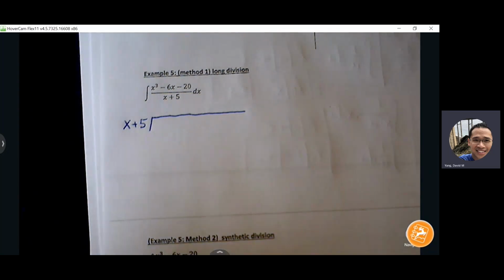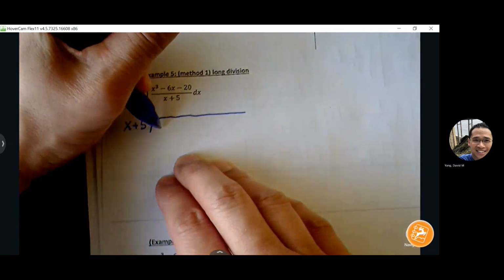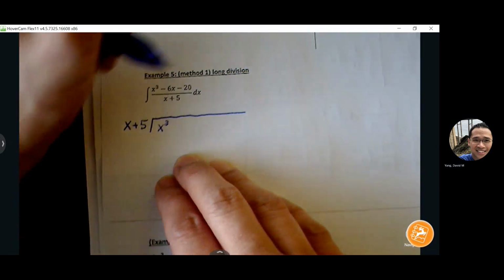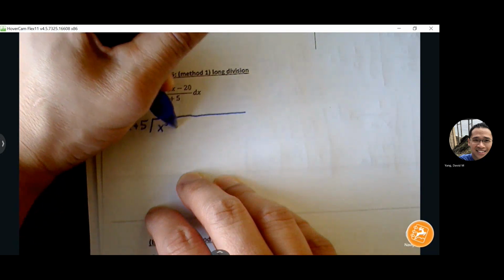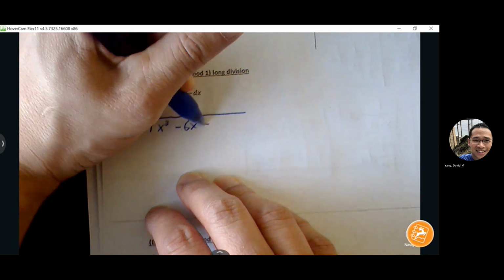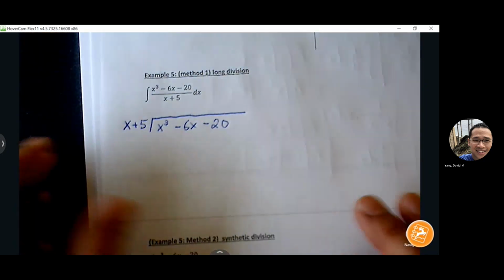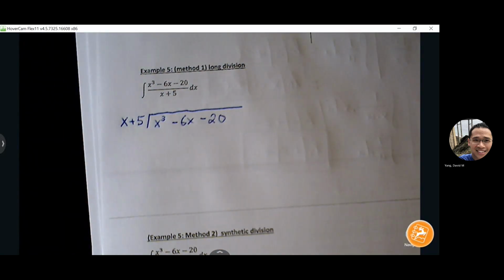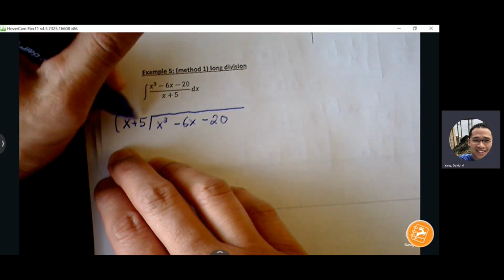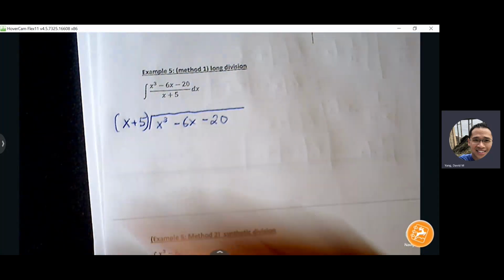And then you're going to put x cubed minus 6x minus 20. I think it helps if you put this in parentheses to know that this kind of goes together.